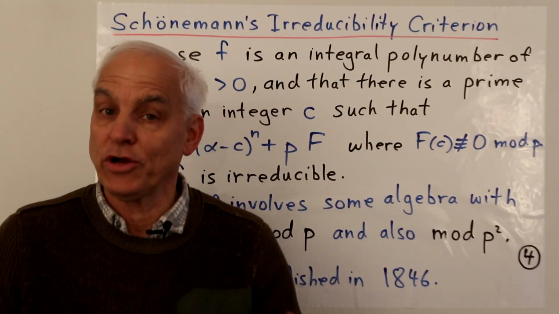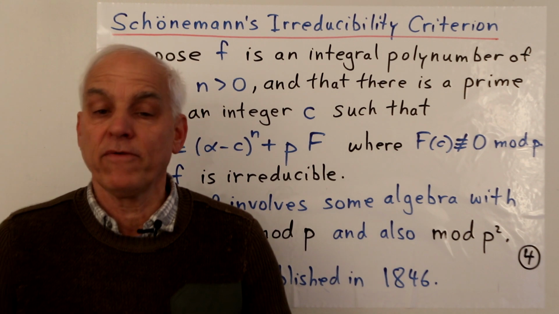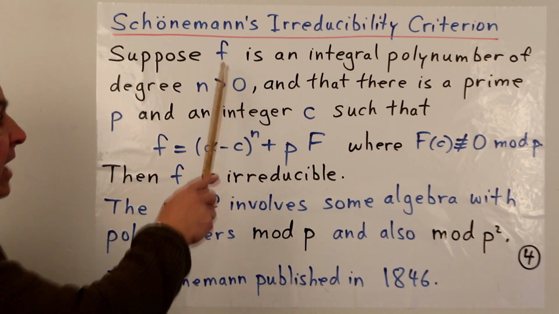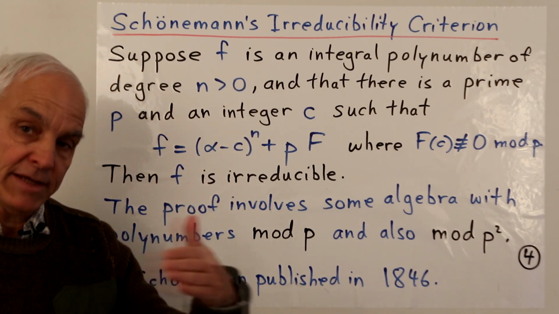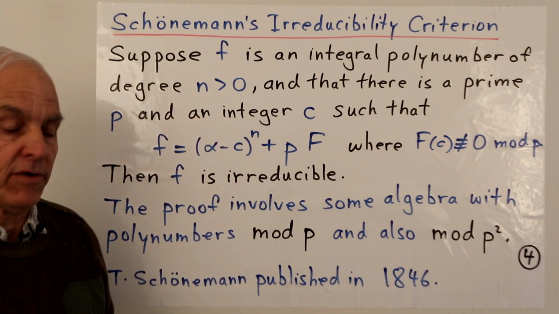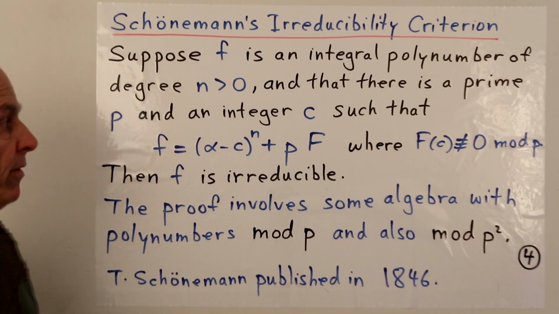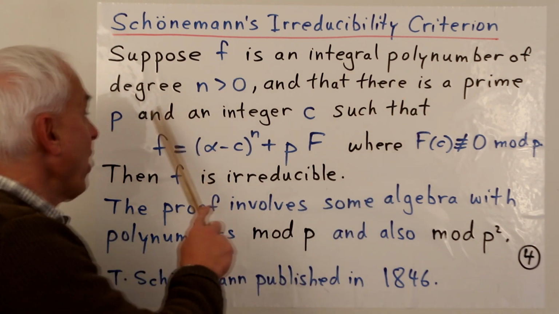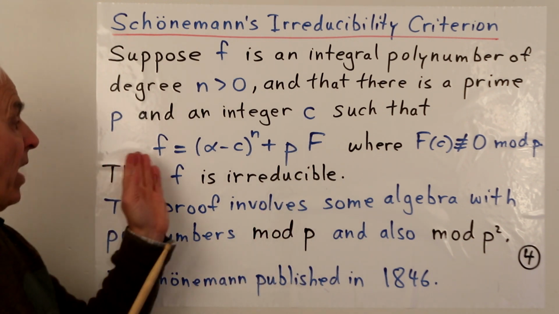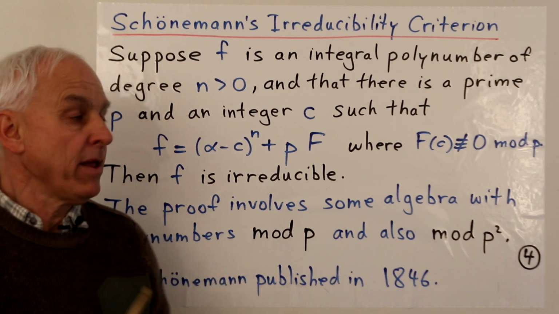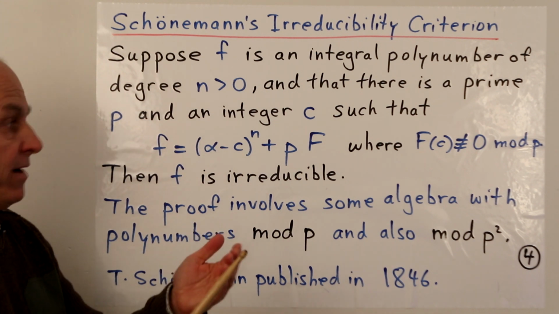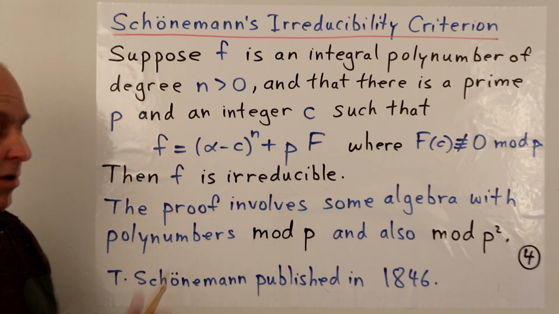Okay, so the first general criterion for irreducibility that I know of was published by Thomas Schoenemann. And here it is. Suppose that f is an integral polynumber, that means it has integral coefficients, of degree n, which is strictly positive, so it's not a constant polynumber. And suppose also that there is a prime p and an integer c, so that you can write the given polynumber in the following way, as a power of alpha minus c, so alpha minus c to the n, where that's the same as the degree of the polynumber.